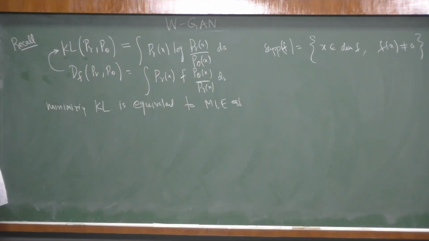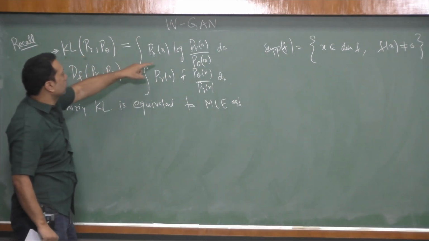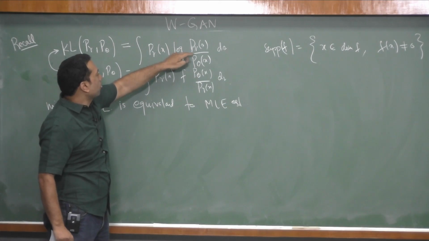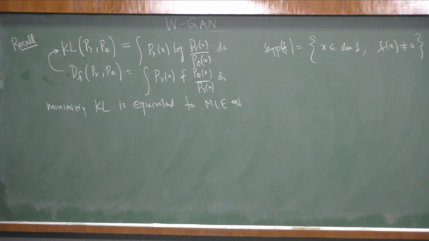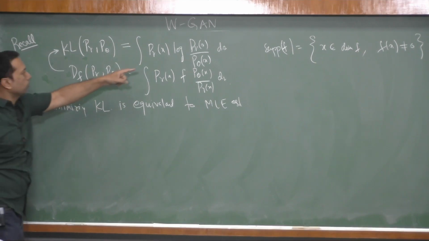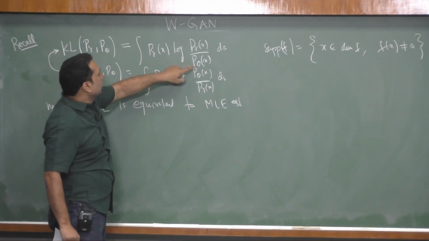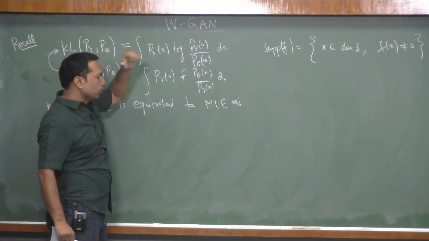So this essentially tells us that when we are looking at KL divergence, it also matters for which values of x these distributions are defined. And we can clearly see some issues can arise if this is not defined, or let's say 0.